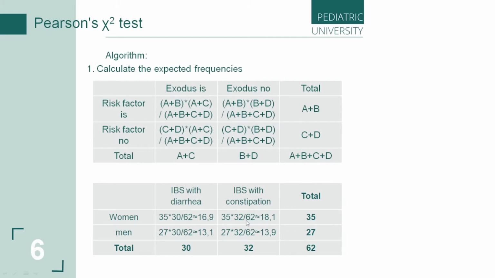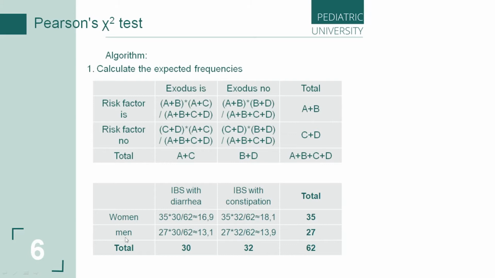What about men with diarrhea? Let's see this line. 27, this is C plus D, multiplied by 30, which is A plus C, and divided by the total, 62. The answer will be 13.1.